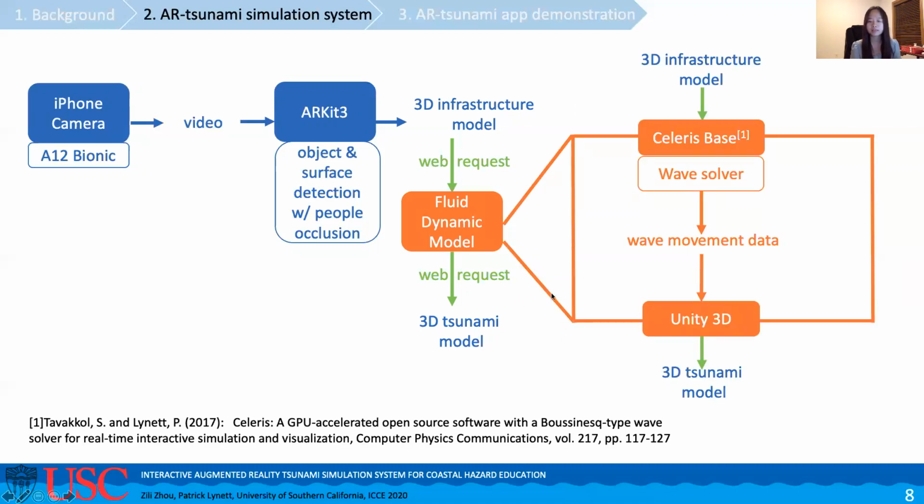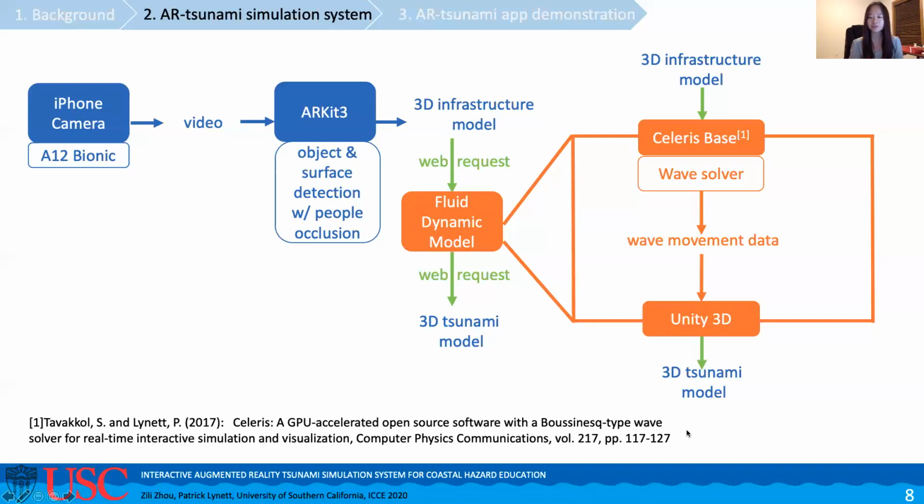And this slide shows what a fluid dynamic model does. We use Celeris Base as the wave solver. Celeris is a GPU accelerated open source software simulating the Boussinesq type waves. It is created by a graduated colleague in our team. You can find more information about this solver in this paper.